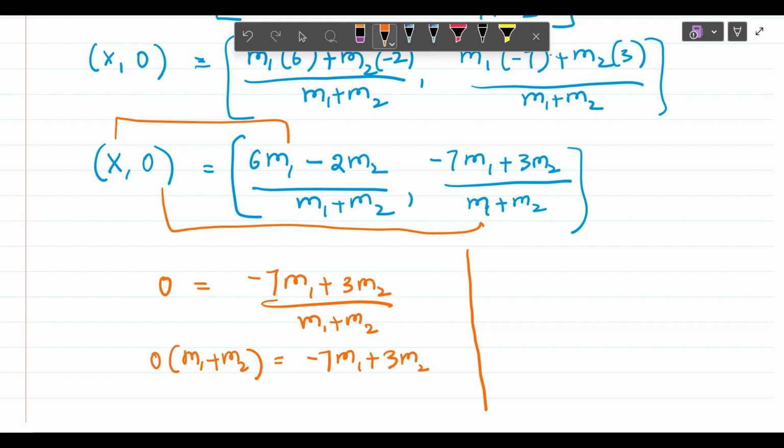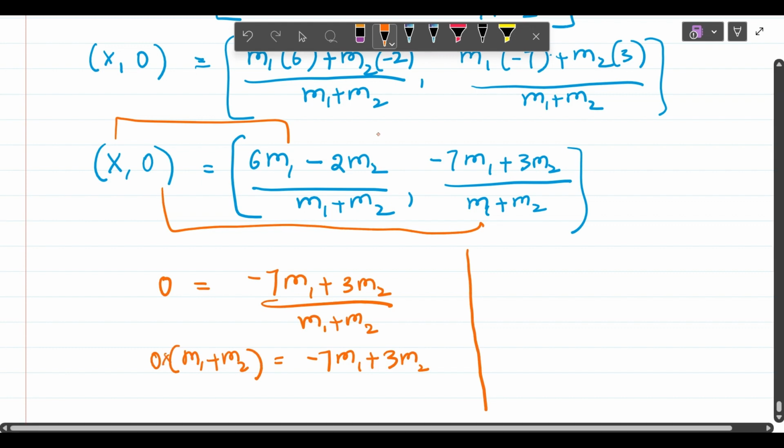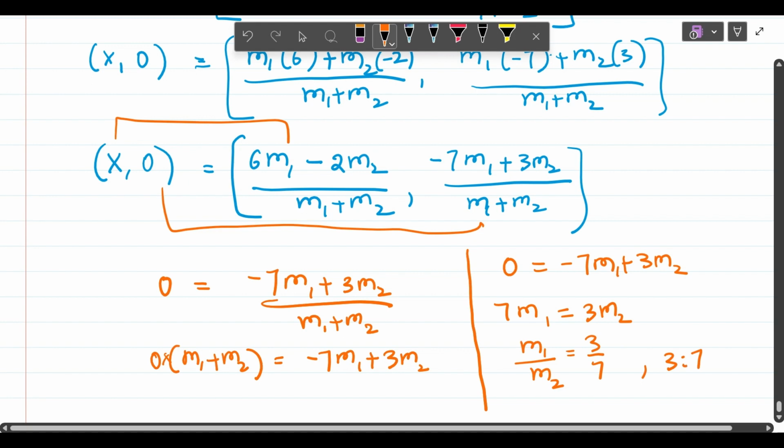Please check. 0 into anything gives 0. That will be equal to minus 7m1 plus 3m2. Now transposing, 7m1 will be equal to 3m2. Now we want the ratio m1 is to m2, meaning m1 by m2. We have transposed m2 to this side, 3 by 7. So the ratio is 3 is to 7. Understood, students?